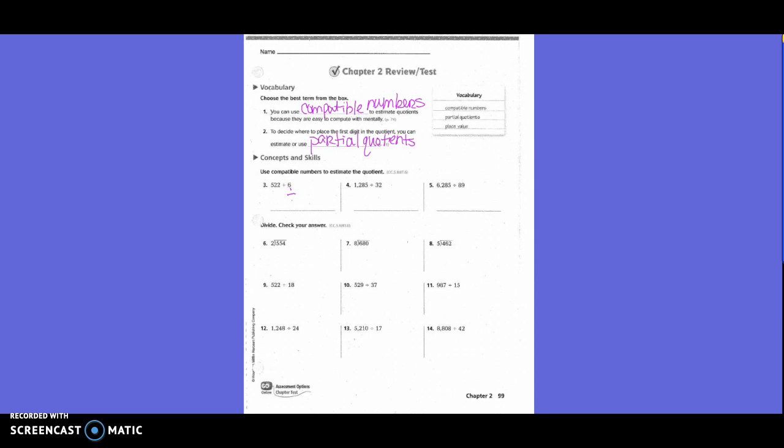Okay, so is 48 or 54 closer? 54. So we would write 540 divided by 6 equals what? 6 goes into 54 how many times? 9, and then add a 0.